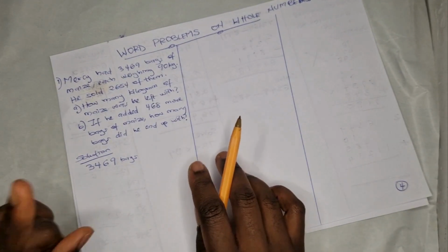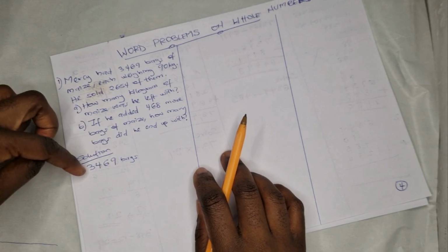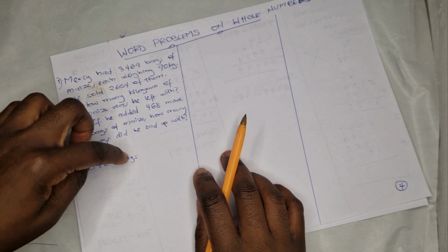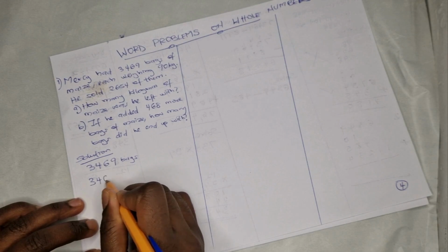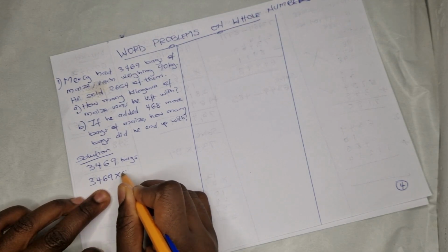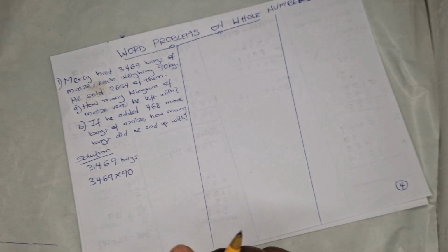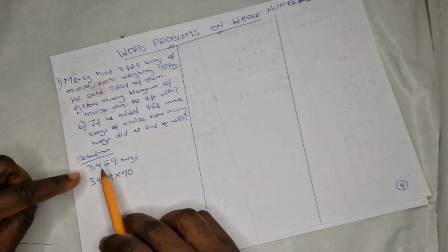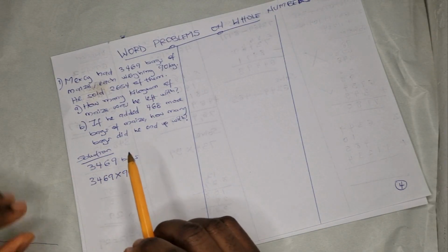If a bag of maize weighs 90 kg, then how many kgs will 3,469 bags weigh? That means 3,469 times 90. That is how we will get the total kg for 3,469 bags of maize.